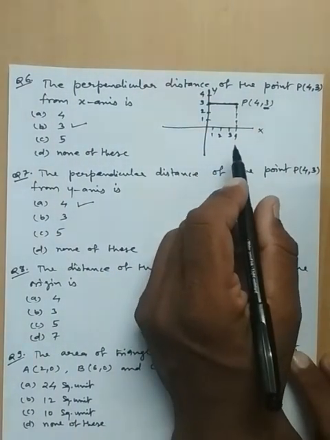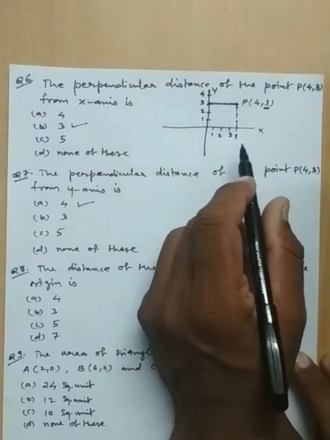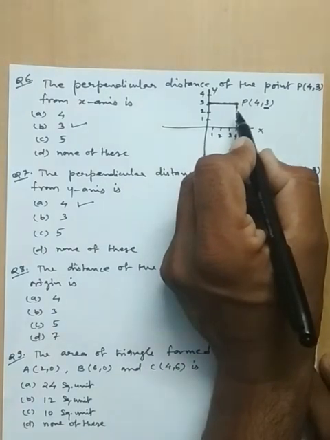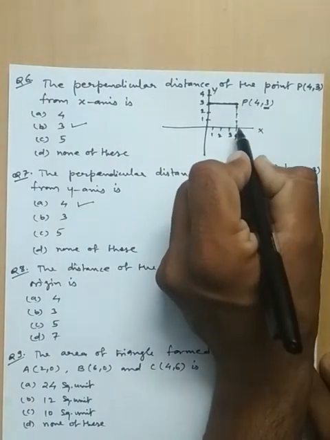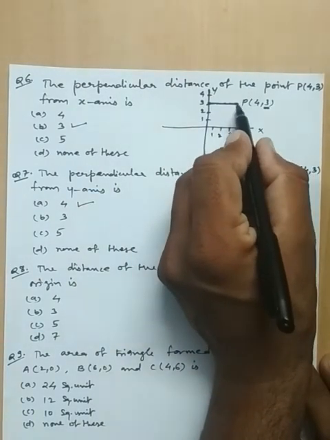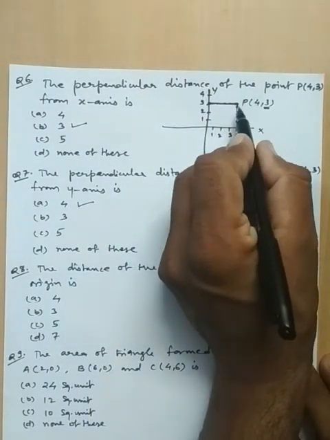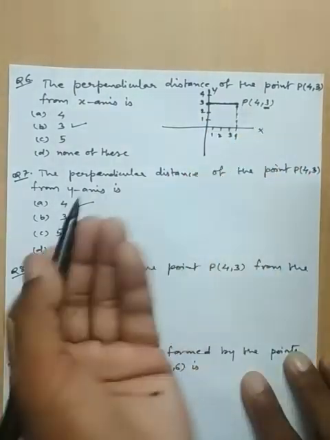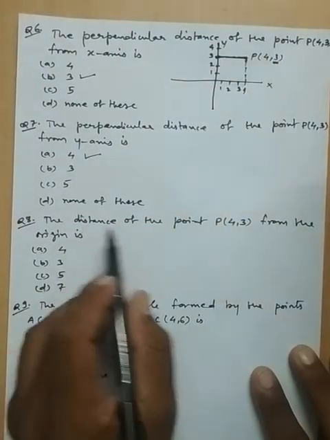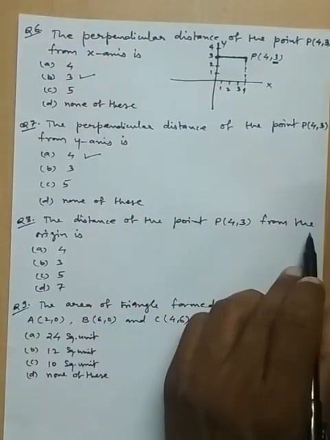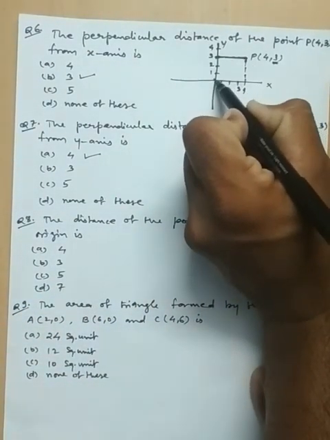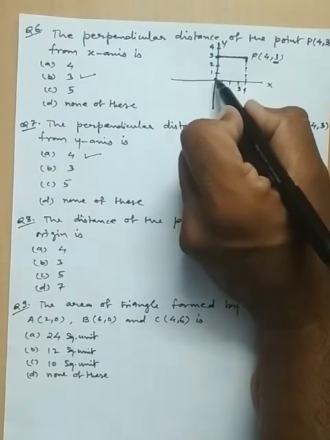It's a very important thing, so you can understand it one more time. First, we draw the point P(4, 3) on the Cartesian plane and draw the perpendicular distances from the x-axis and y-axis. For the x-axis, the distance is 3 units, and for the y-axis, it is 4 units. Next question: the distance of the point (4, 3) from the origin, which is (0, 0).